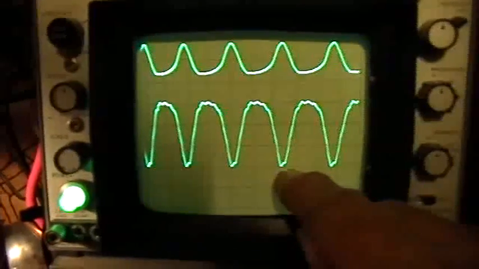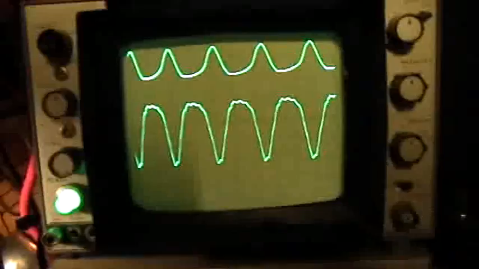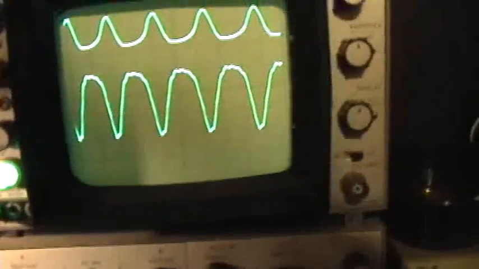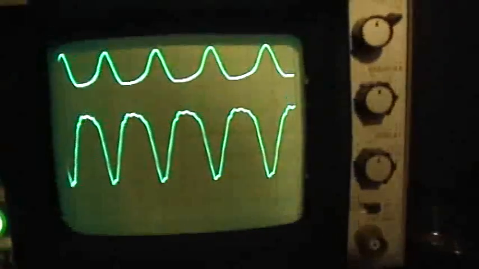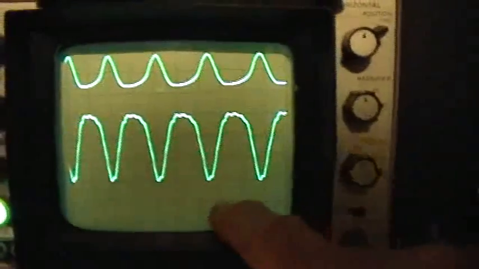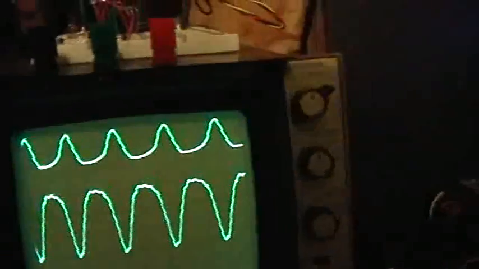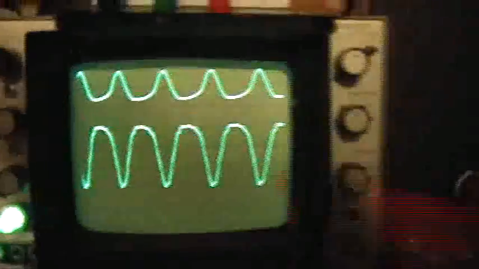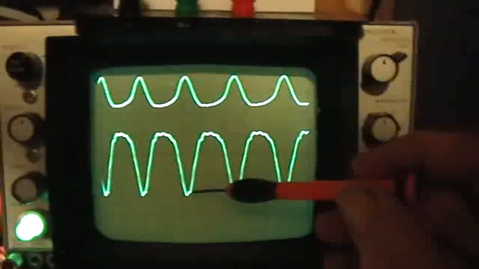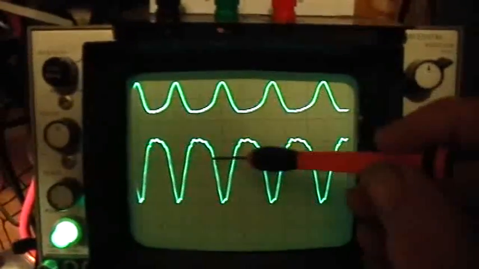Now then, going in the negative direction, we have 2 full divisions there. And so 2 full divisions, that's 8 amps at 0.25 ohms for the current viewing shunt. Okay, so the peak current in one direction, the so-called anti-conventional direction, is higher than the peak current in the normal positive direction.